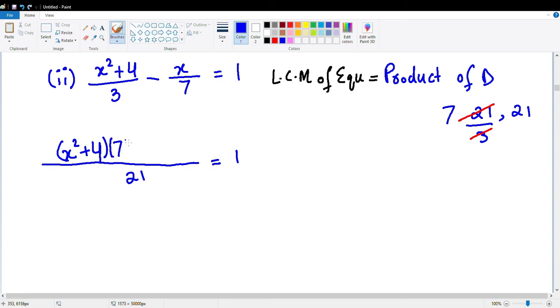And we have minus x. That bar is a little not straight, but yeah. Next we're going to divide 21 by 7, and when we do that, we get 3, because 7 threes are 21. So that's the LCM, 21.